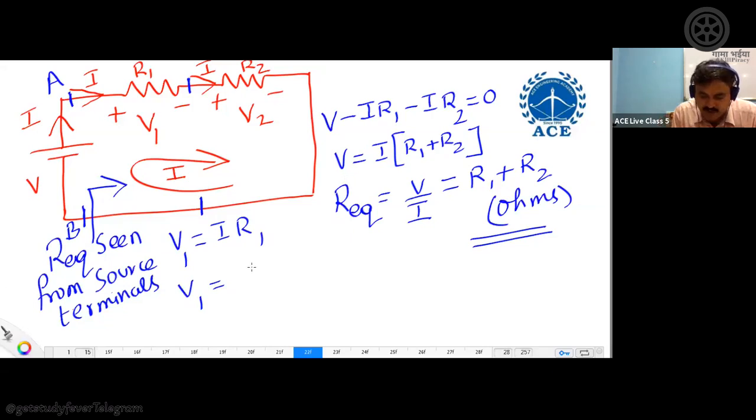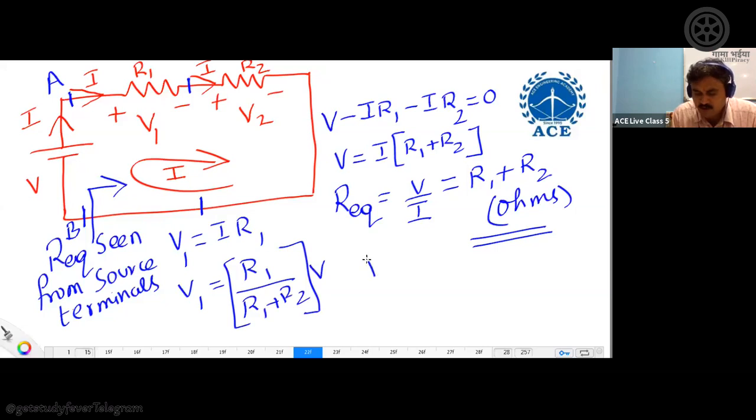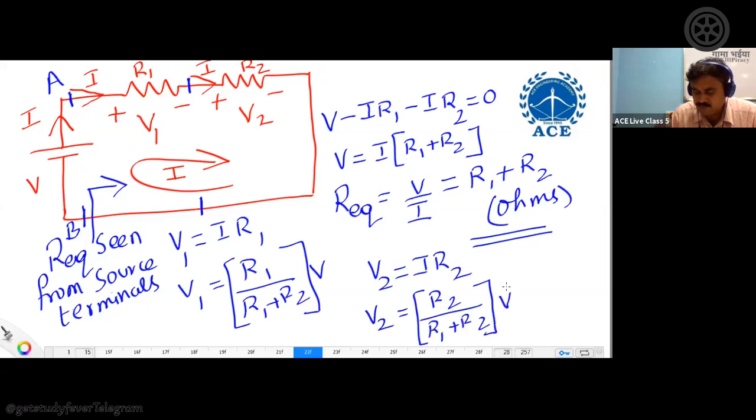So I can write V1 as R1 divided by R1 plus R2 into V. Similarly, what is V2? This is I into R2. So I can write V2 as R2 by R1 plus R2 into V. Is it clear or not?